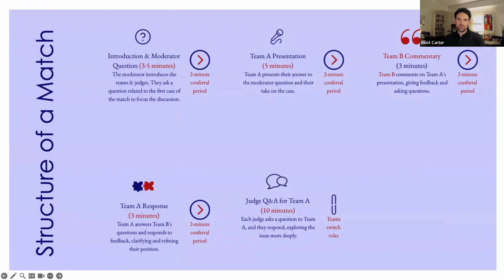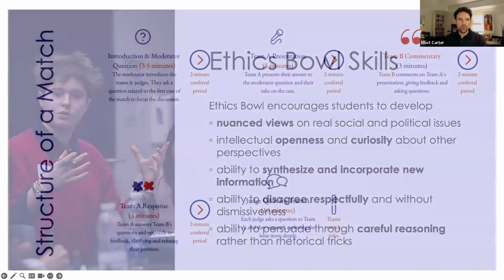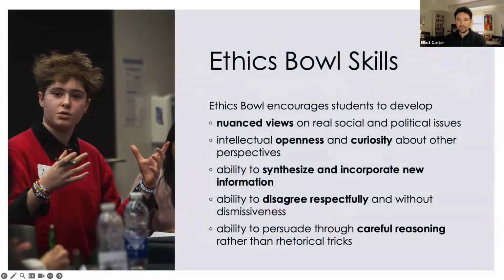And after that, the match will be concluded. In a typical tournament, there'll be maybe 4 matches that a team will take part in. And then at the end of the day, there'll be the event standings, and you'll be able to see who came out on top in terms of overall votes from the judges.